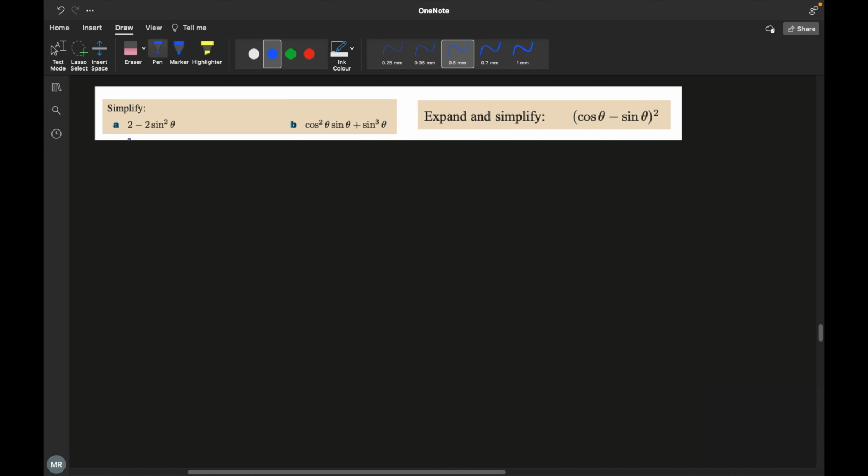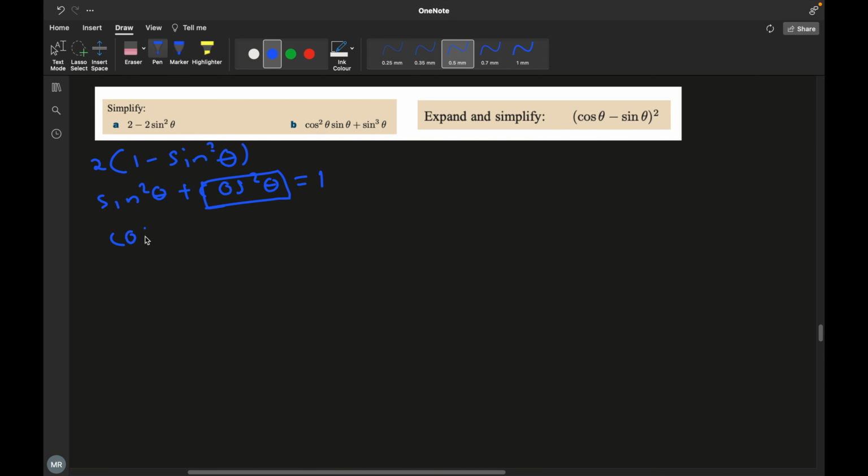We have to simplify 2 minus 2 sine squared theta. So first we can factor out 2 from this. So this is what we get. And we know that sine squared theta plus cos squared theta equals 1.